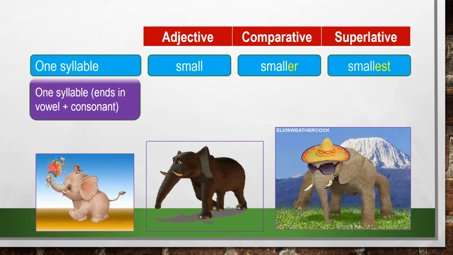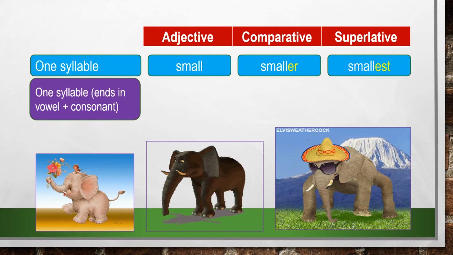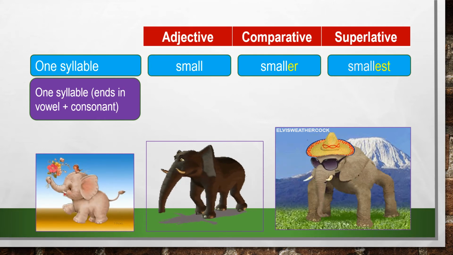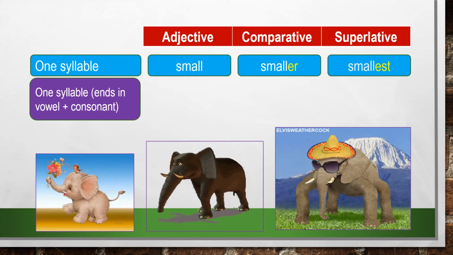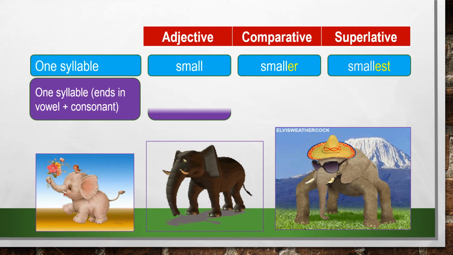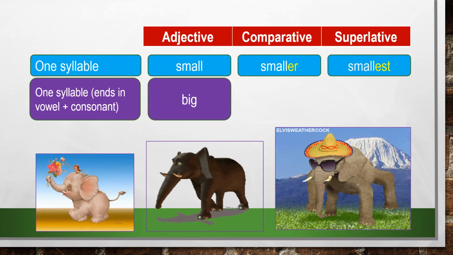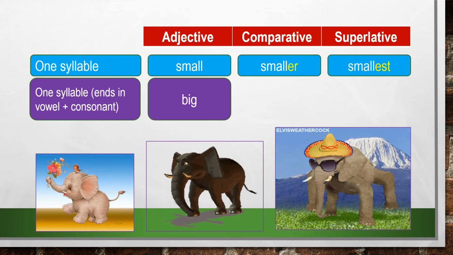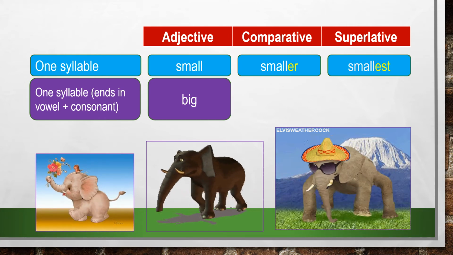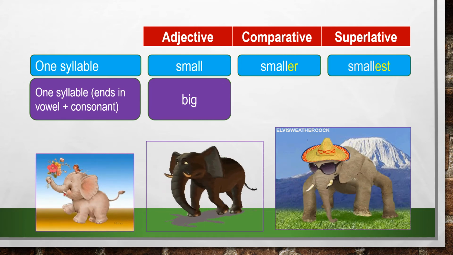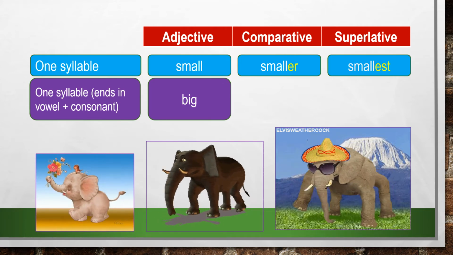For adjectives with one syllable that end in vowel plus consonant, we double the ending consonant and then add er and est. For example, big. Contoh perkataan adjektif seterusnya ialah big, B-I-G. Big itu tengah dia ada huruf vowel A-E-I-O-U iaitu huruf I. Kemudian diakhiri dengan consonant G. Okay, macam mana kita perlu buat?